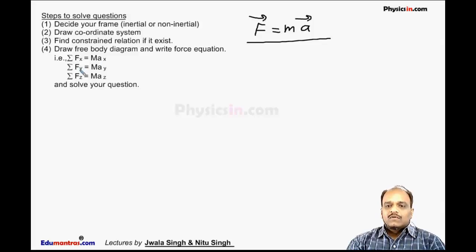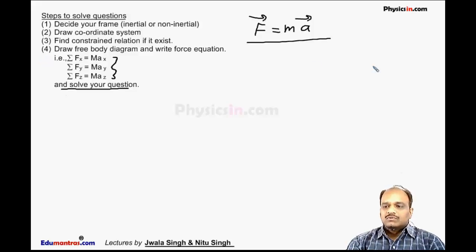The total force along the y-axis is mass into acceleration of the body along the y-axis. The total force along the z-axis is mass into acceleration along the z-axis. Based on these three equations, we have to solve the question. So we will keep these four steps in mind while solving questions of laws of motion.